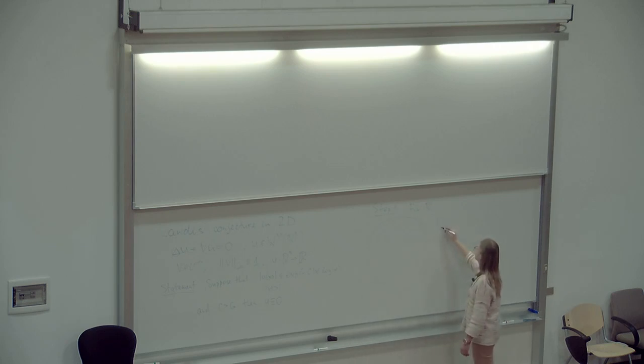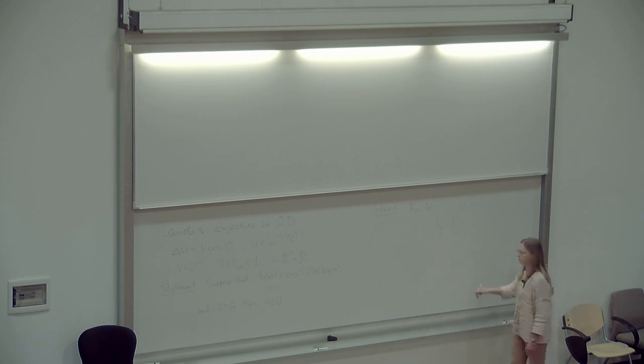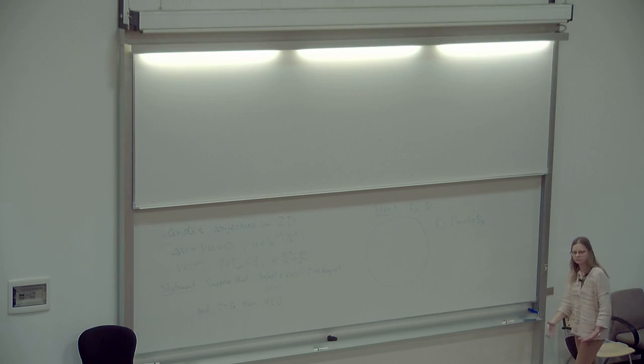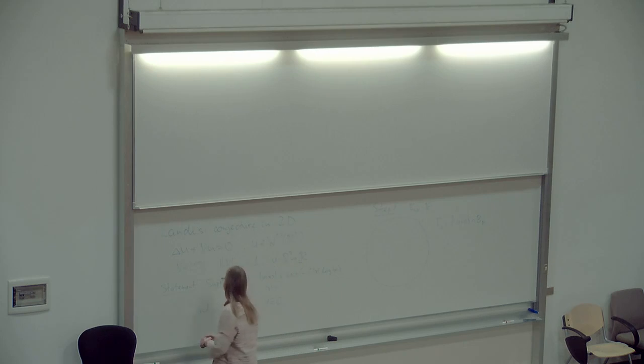And let F0 be the points in the disk where the function is equal to 0. As I mentioned yesterday, if the function is positive or negative, then we know that it does not decay faster than exponential by the Harnack principle.